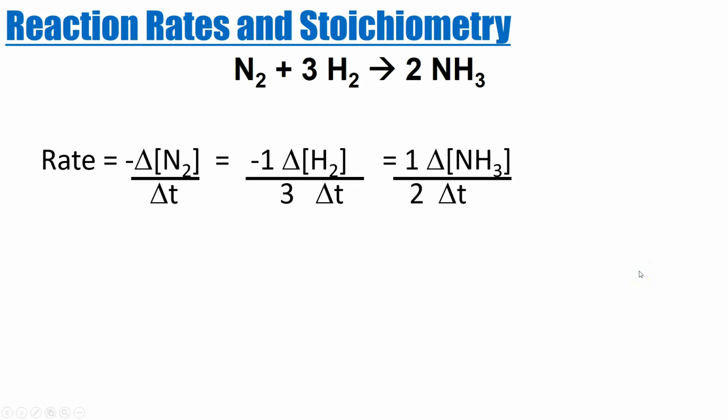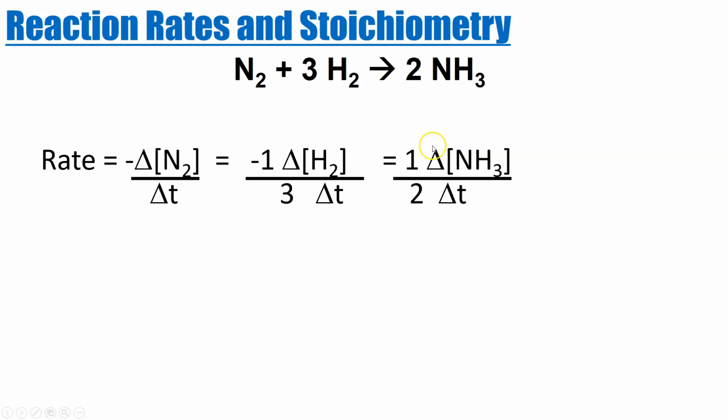So this is what it's going to look like. It looks kind of overwhelming, but take it piece by piece. Negative because it's a reactant. Negative because it's a reactant. Positive because it's a product. Change in concentration over time. Change in concentration over time. Divided by the coefficient so that I can set it equal to the other piece over here.